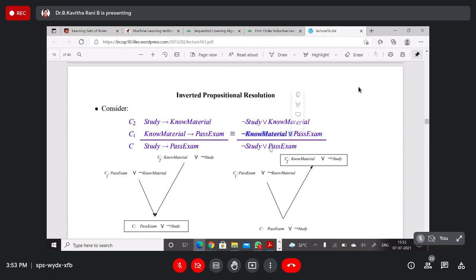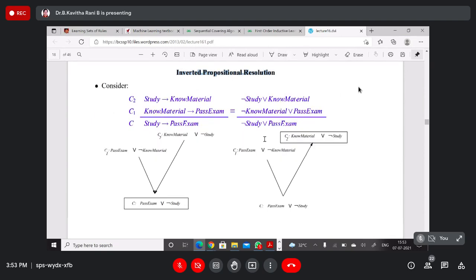At last what is happening here? You will pass the exam but you will not study. So this is nothing but inverted propositional resolution. So from these rules only we will be framing the contradictory part. The right side is the contradictory part to the left-hand side rules. So that is nothing but inverted propositional resolution.